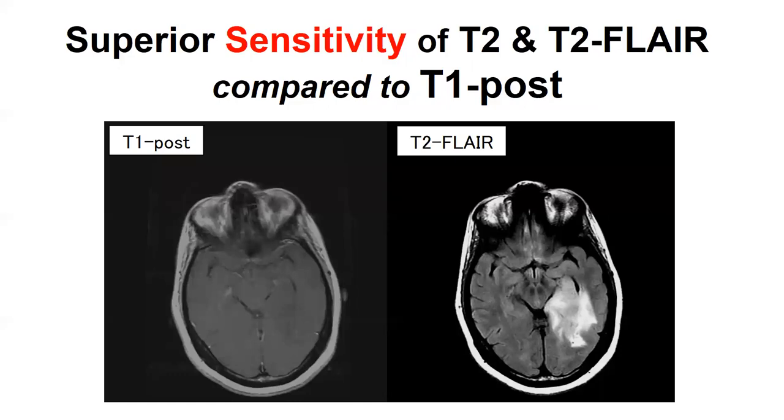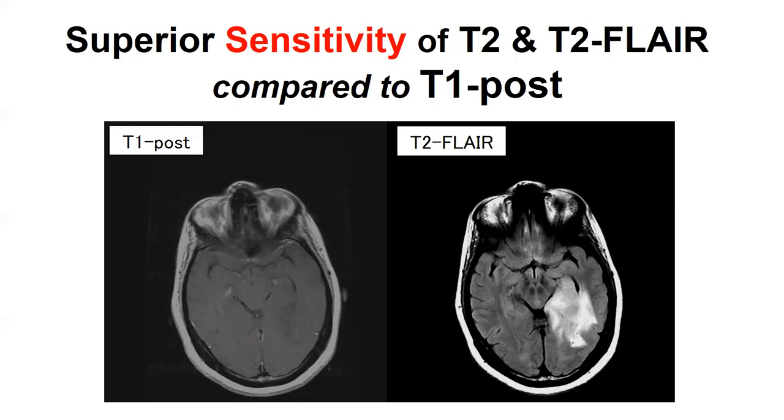Yes, that was the lesson. For a non-enhancing lesion, like a lower grade diffuse glioma, as in this case, the T2 FLAIR is going to be far more sensitive than the T1. Now, it's true, if you look at the T1 post, you can see the area corresponding to the lesion right here that is hypointense compared to the surrounding brain.